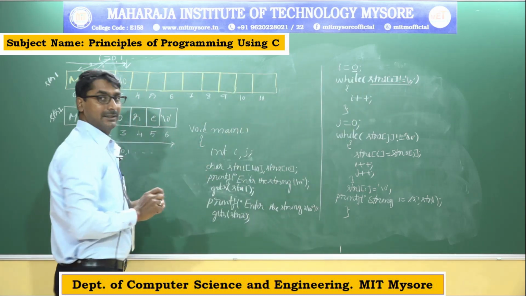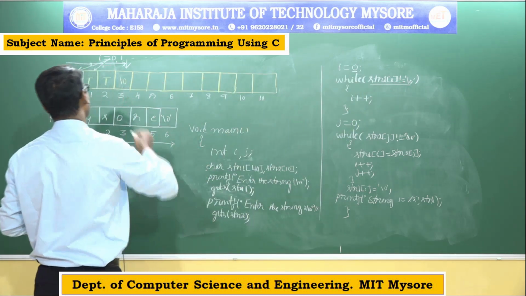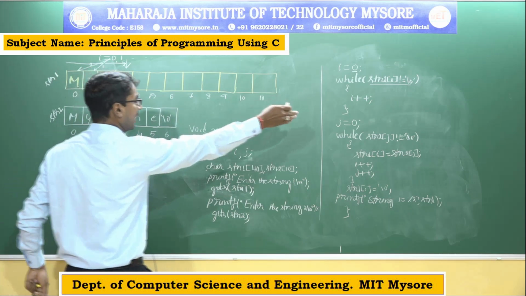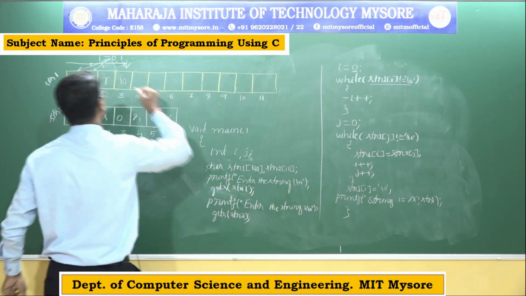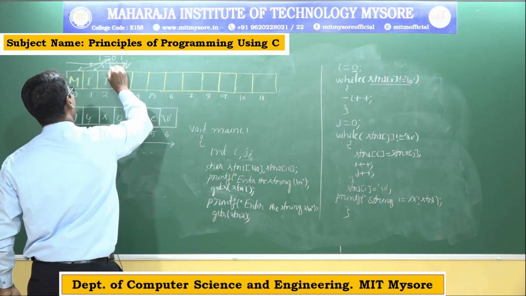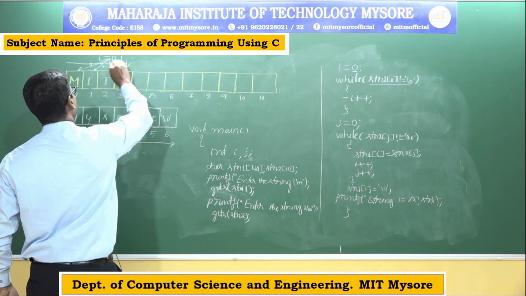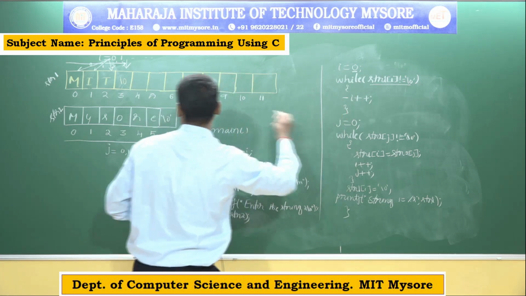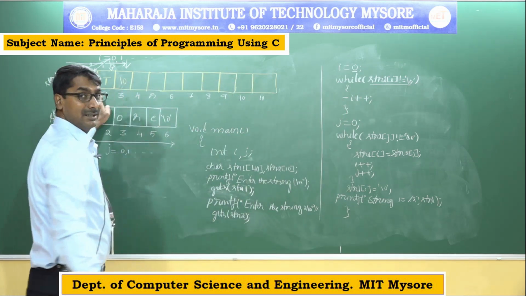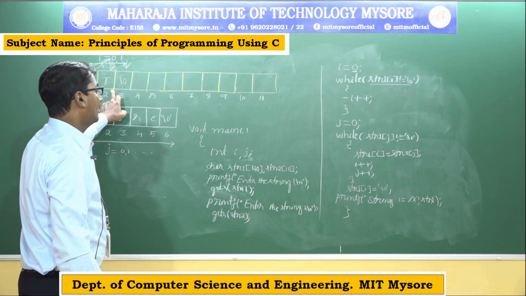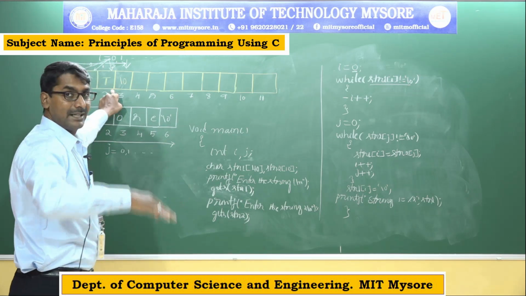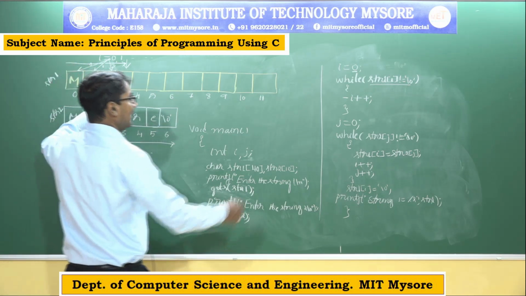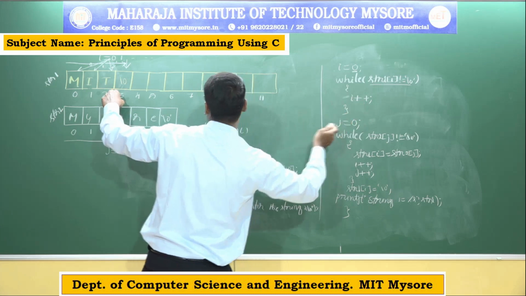Once again the condition is satisfied, so the value of I will be incremented. Now I is pointing to the next location, that is 2. So str1 of 2 is t. So t is not equal to null. Once again this condition is satisfied, so it increments the I value.